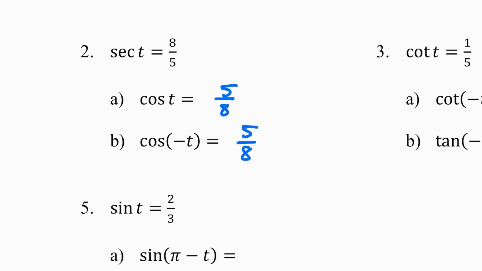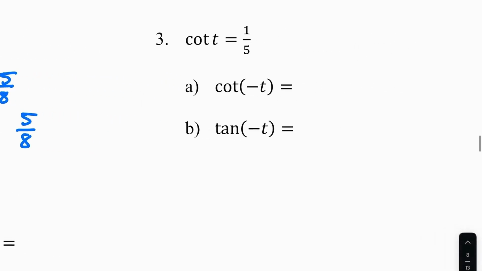So it stays 5/8. What about cotangent? Well, cotangent's an odd function. If you change the sign of your input, you change the sign of your output. So it went from positive 1/5 to negative 1/5. But what about tangent of negative t? Well, tangent of negative t would be the reciprocal of cotangent of negative t, so negative 5.